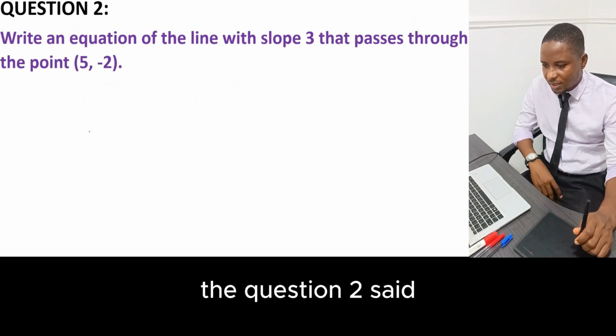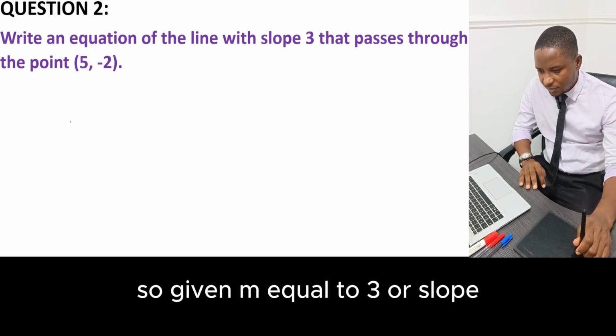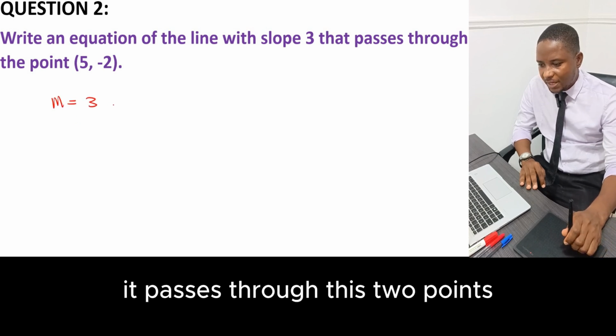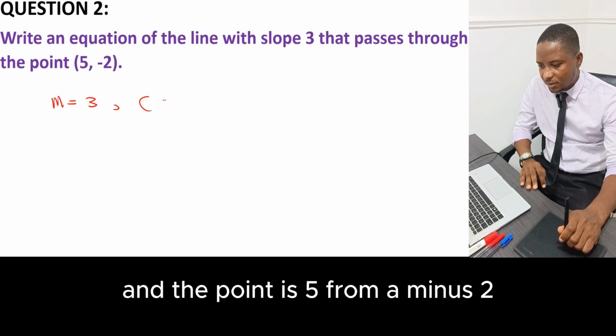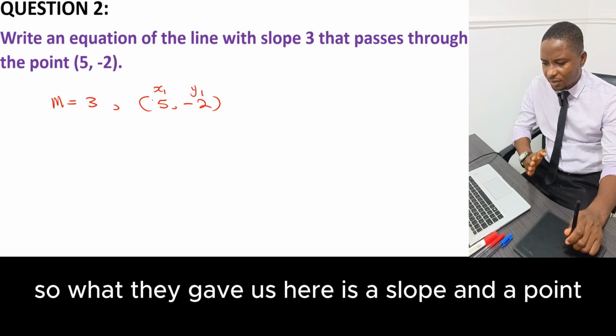Question 2 says, write an equation of a line with slope 3. So given m equal to 3, that's the slope. It passes through the point 5, minus 2. So this is x1 and this is y1. What they gave us here is a slope and a point.